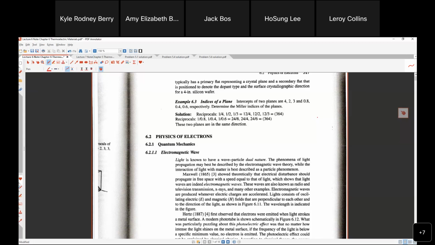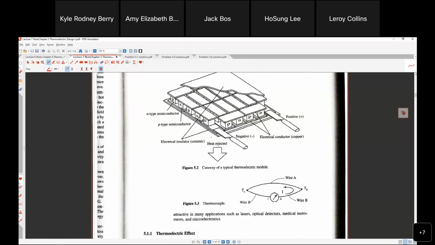Before we talk about design, I'd like to talk a little bit about the physics of thermoelectric, because I need to talk about the background of physics, electron and photon and light, and then we can move on to chapter 5.